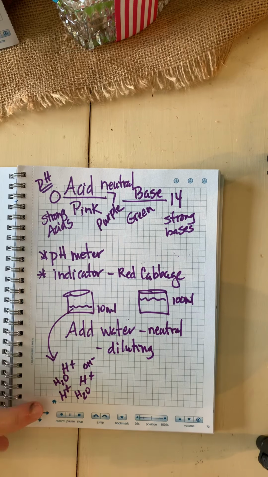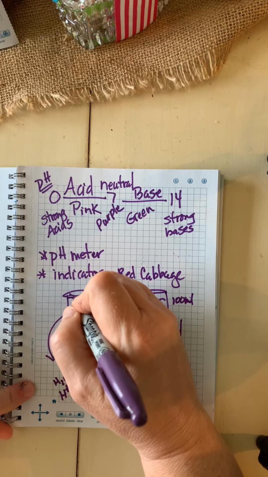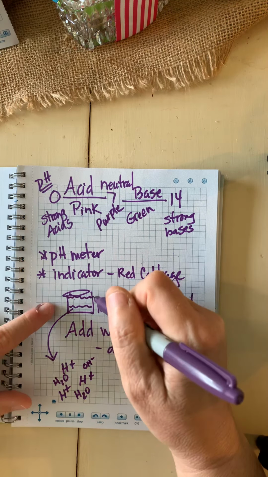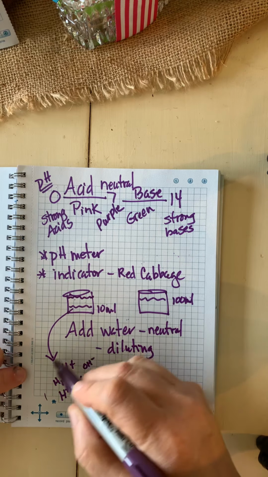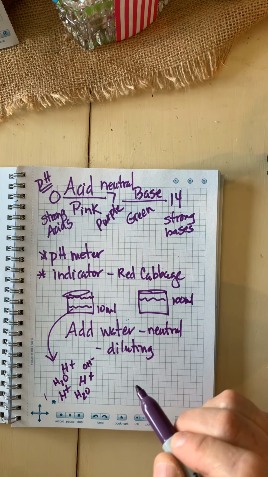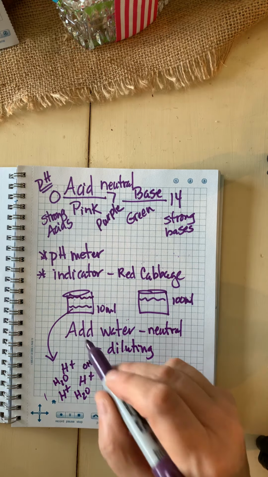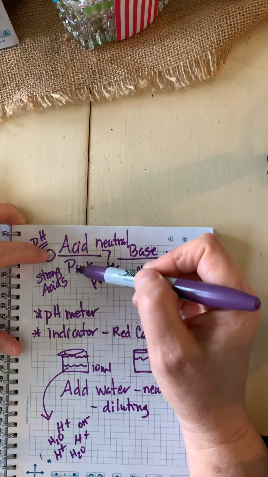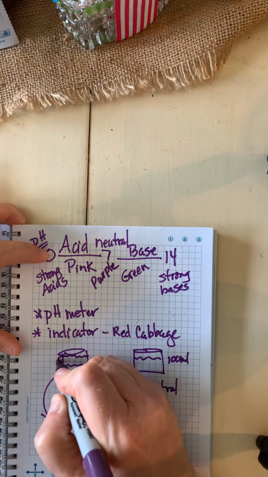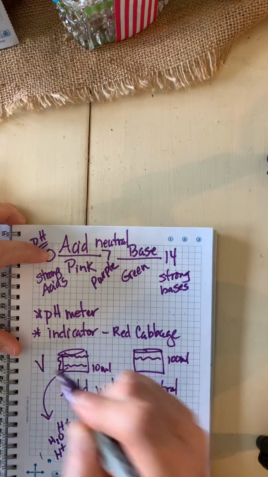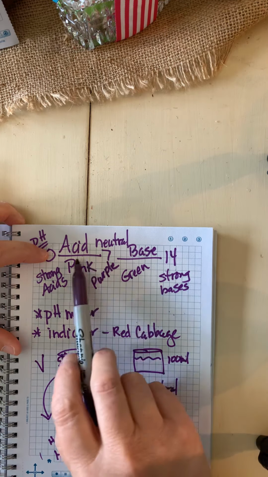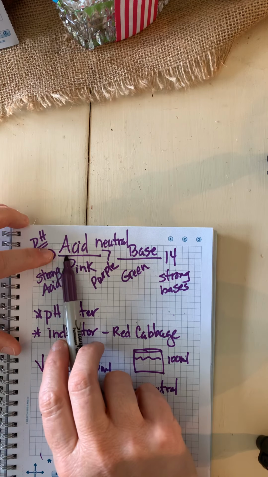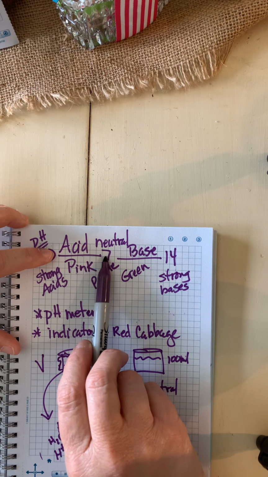Now, when I add water to that, it's going to change the overall volume, and we're adding and spreading out the particles that are already there. So by adding water, we change the actual volume, and we increase that volume of the solution, which decreases the amount of hydrogen.